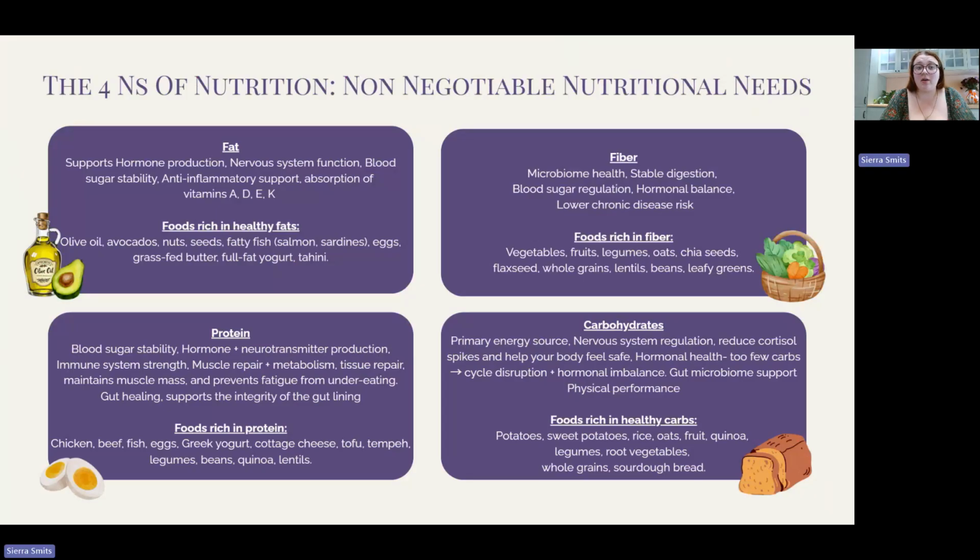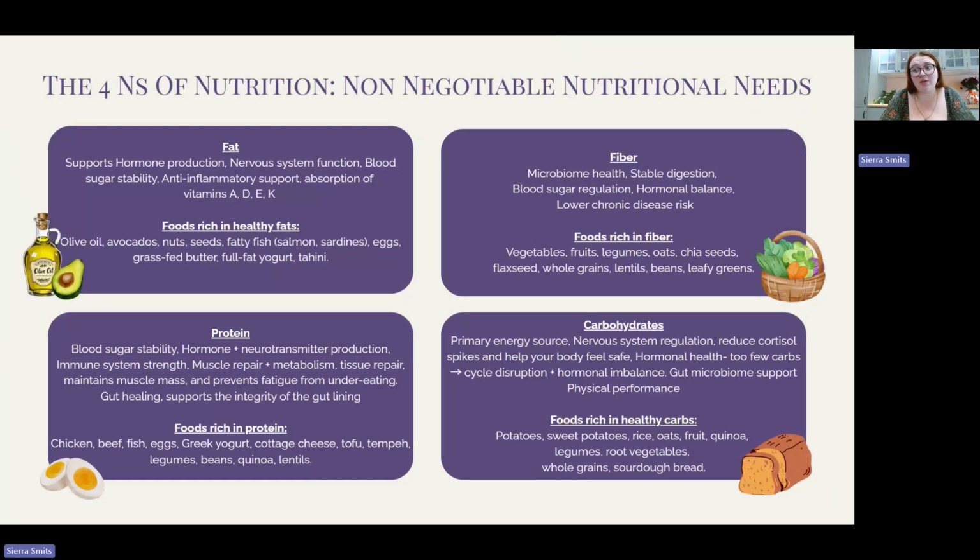Protein is another non-negotiable nutritional need. Every single person has to be consuming protein. Now, this can look different. Someone with chronic kidney disease, it's going to look different than someone who doesn't have something like that, but we do all need protein in one form or another. It helps with blood sugar stability, hormone and neurotransmitter production, immune system strength, muscle repair and metabolism, tissue repair.